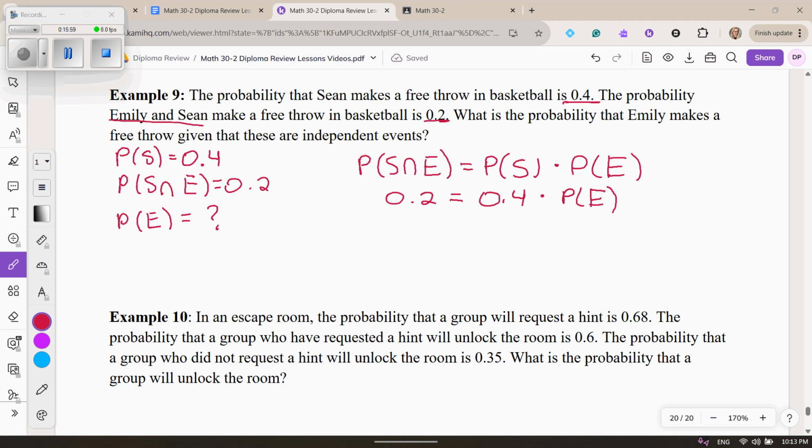So to solve for the probability of Emily, we are going to divide both sides by 0.4. So our final answer is going to be 0.2 divided by 0.4, which is 0.5. So there is a 50% chance that Emily makes her free throw.